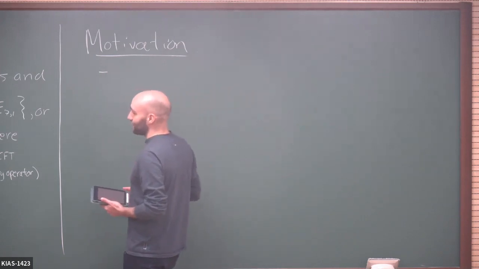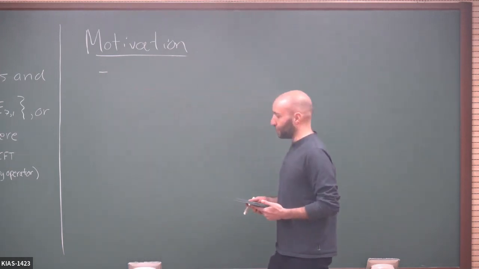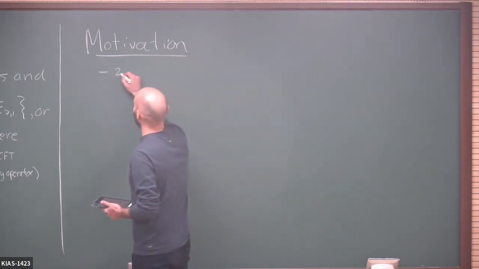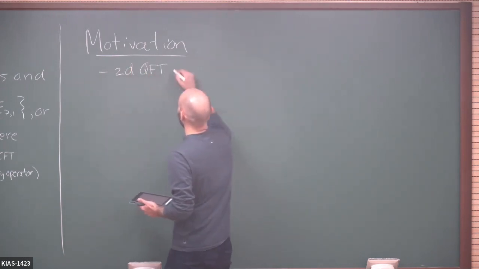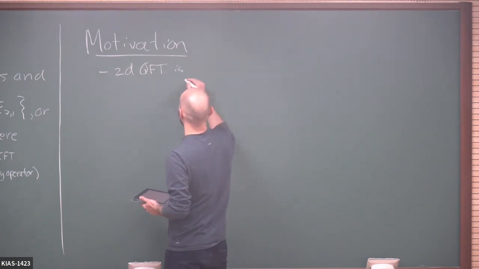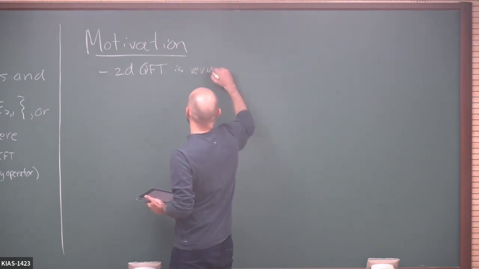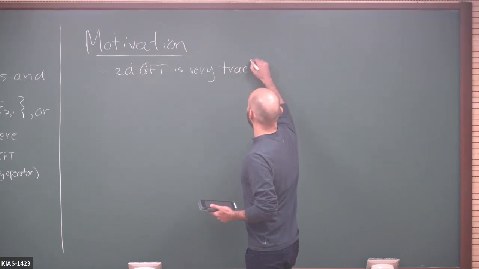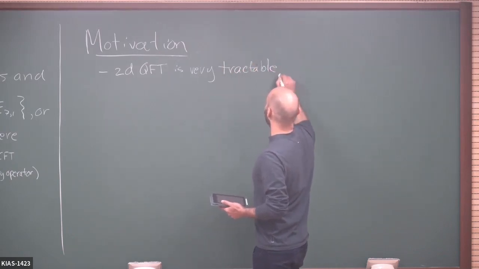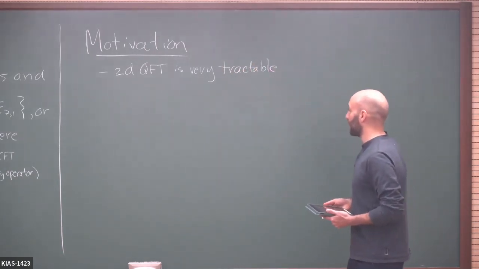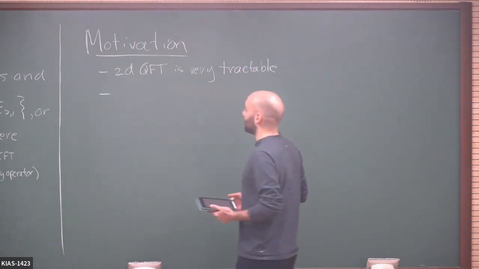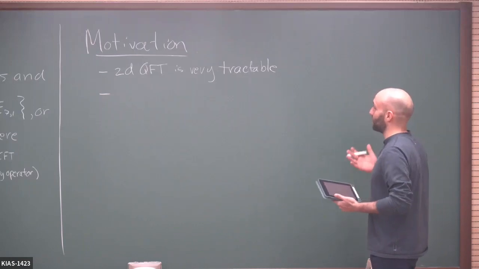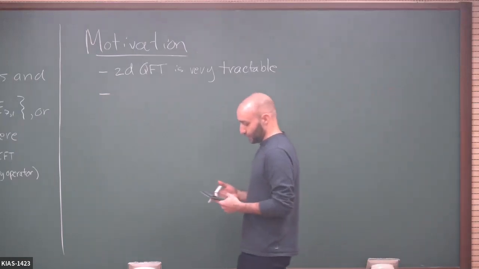So there's many reasons you might want to study rational conformal field theory in 2 dimensions. The first is, of course, that 2-dimensional physics is very tractable, and many exact results are possible. And in particular, we hope that the lessons that we learn in 2 dimensions will generalize to more general settings, at least qualitatively.